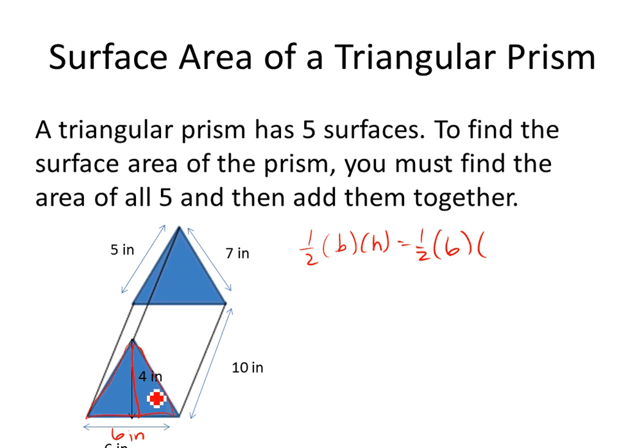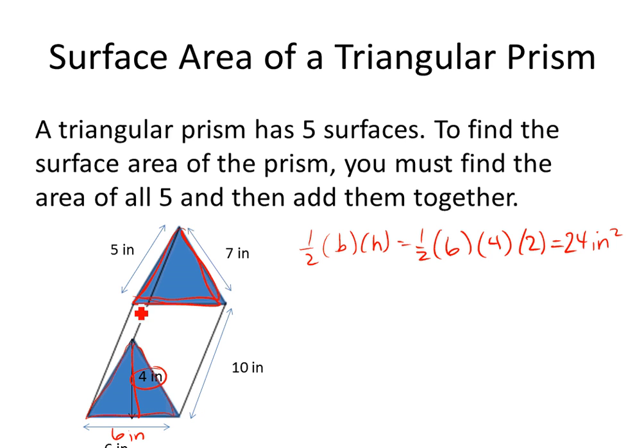And the height is 4 inches. The area of the front triangle will be the same as the back triangle. So I'm going to go ahead and multiply that by 2. So that's just going to be 24 inches squared. So that takes care of the 2 triangles.